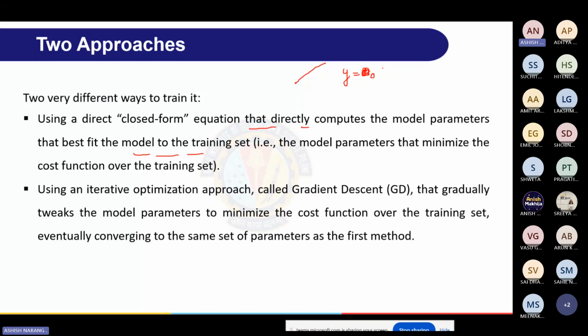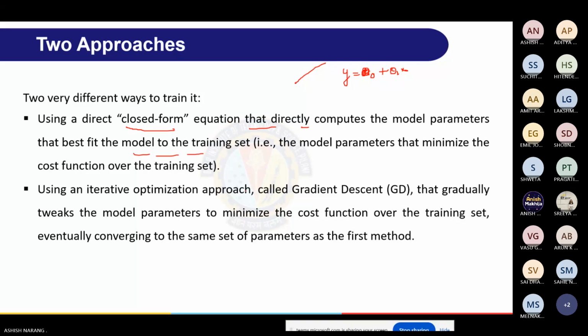That's a simple linear regression model, when you have one input feature. So that's a straight line I'm trying to fit, theta 0 plus theta 1x. Just remember the name as of now, closed form equation. I am simply computing the model parameters that best fit the model to the training set, right?